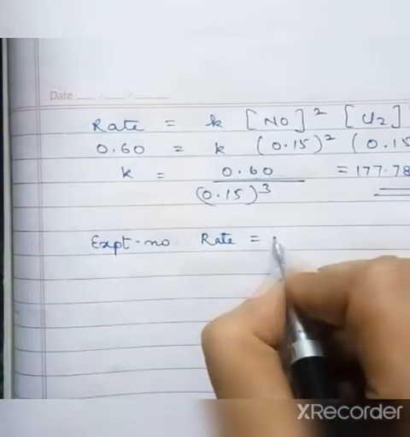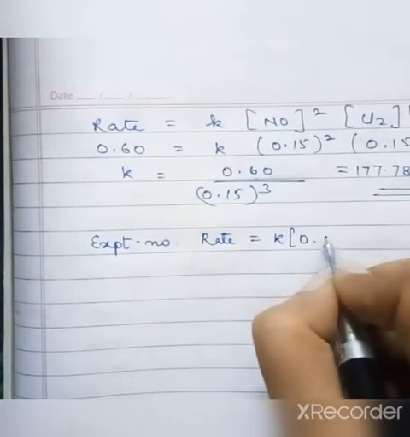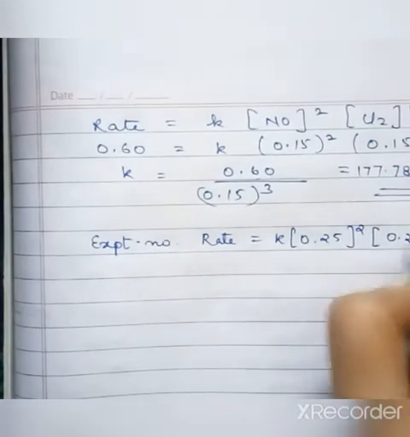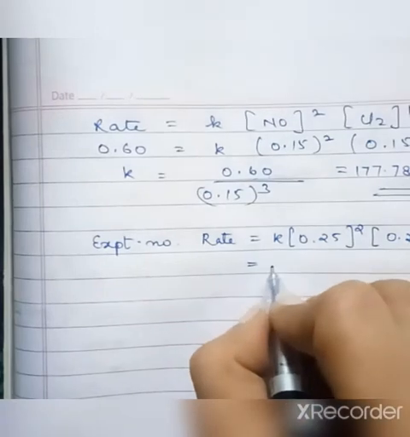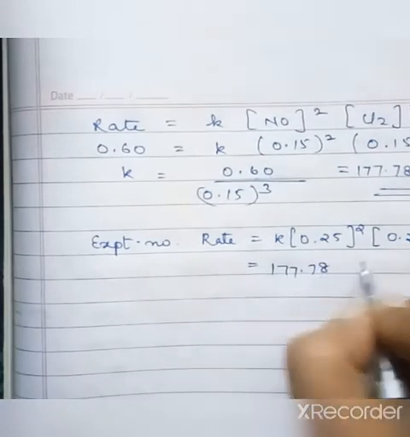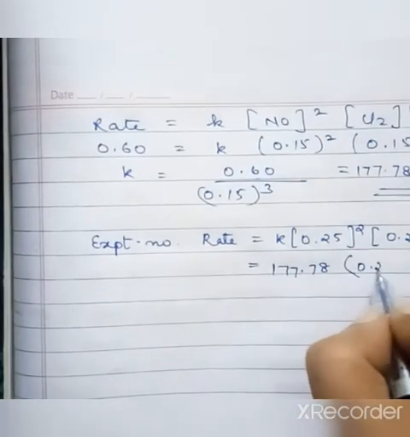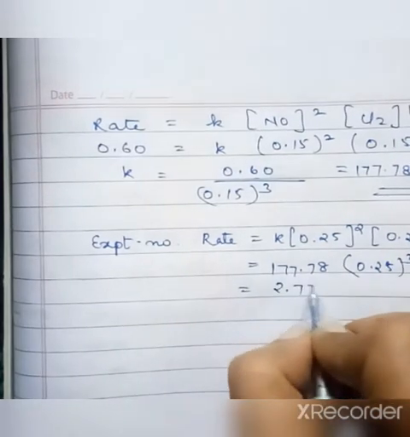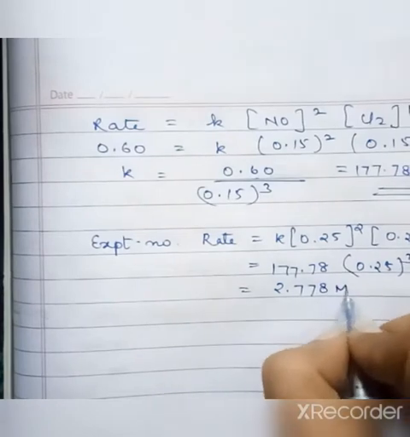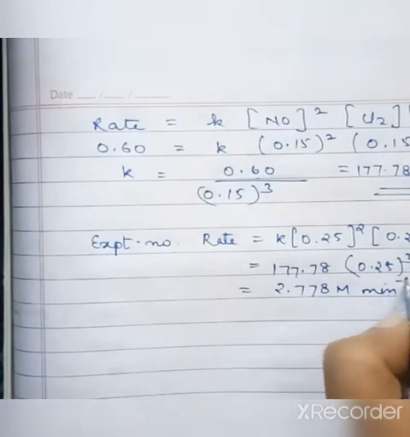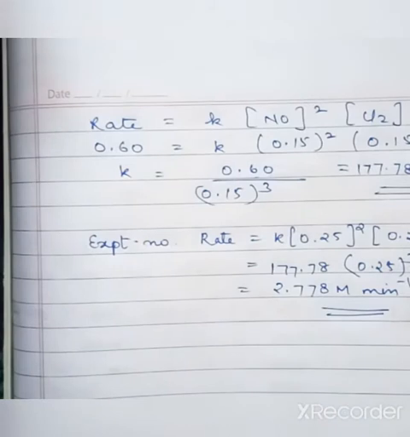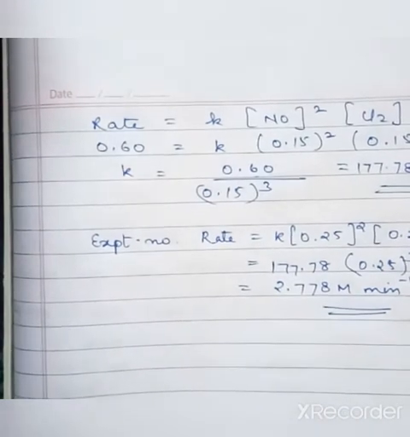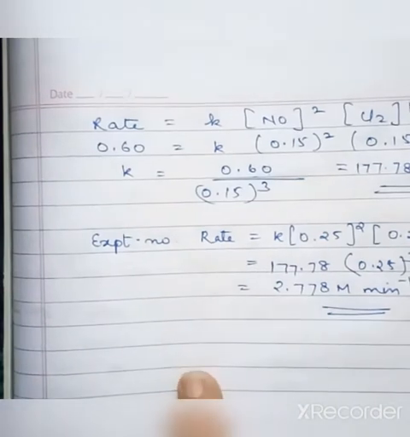So rate is equal to K into 0.25 to the power 2 into 0.25, and the rate constant we got, so we can substitute 177.78 into 0.25 the whole cube, and when you simplify this you get 2.778 millimolar minute to the power minus 1. So this is the answer that you get when you find the rate for the fourth experiment.